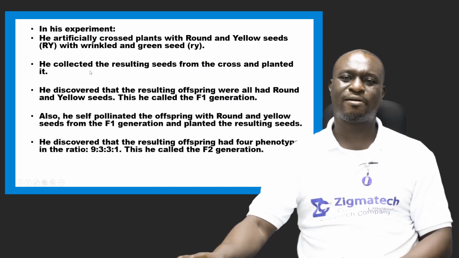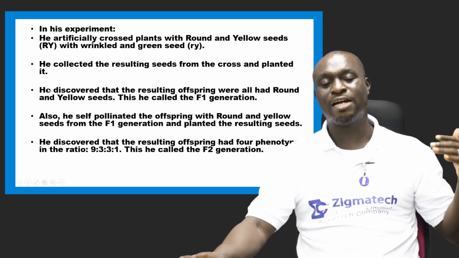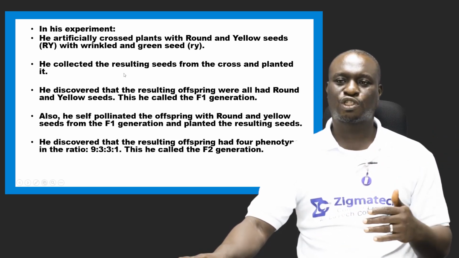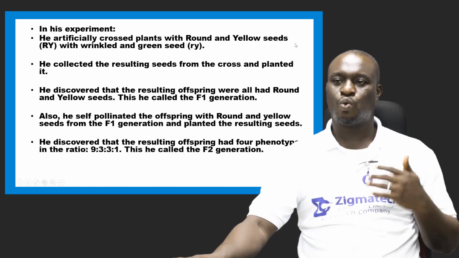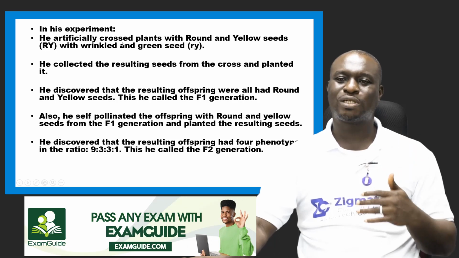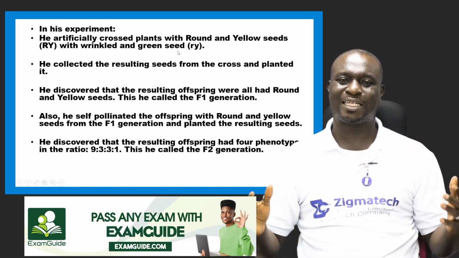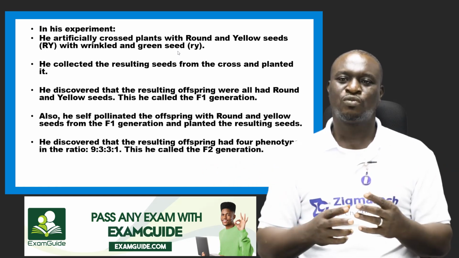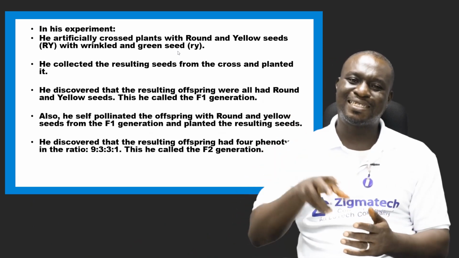Now, this is how he carried out the experiment. He followed the same steps he followed in monohybrid inheritance. First of all, he artificially crossed plants with round and yellow seeds with plants with wrinkled and green seeds. Now, after crossing these two different plants that have two pairs of contrasting characters, he collected the resulting seeds from the cross and planted them.